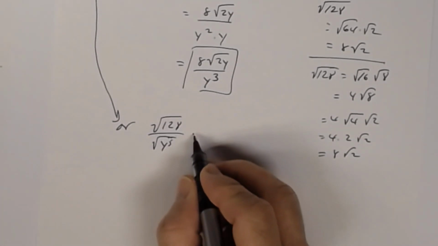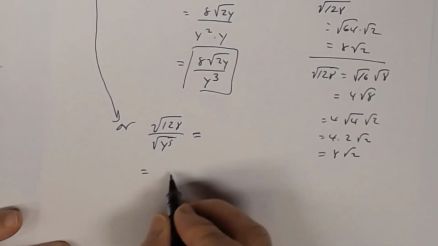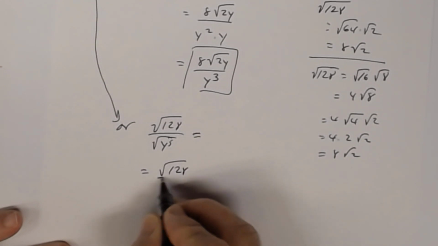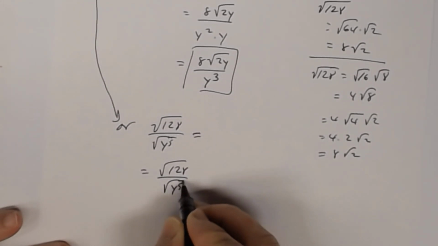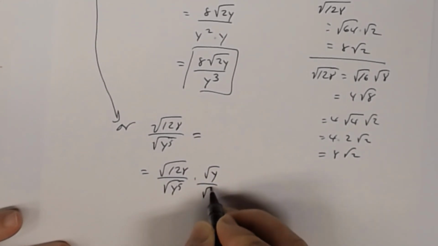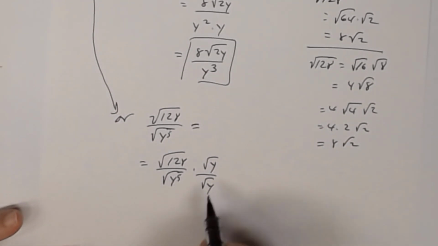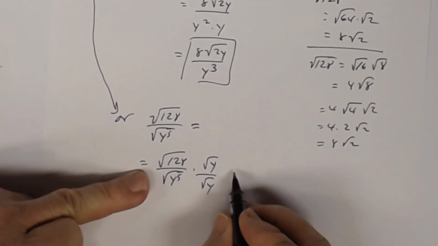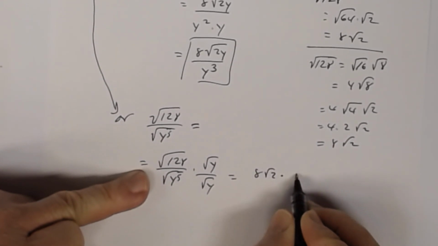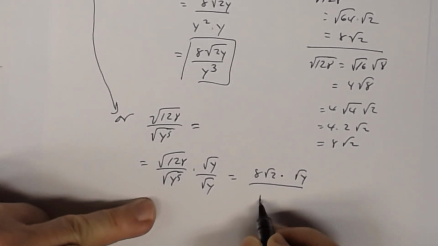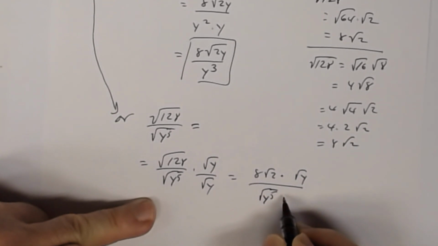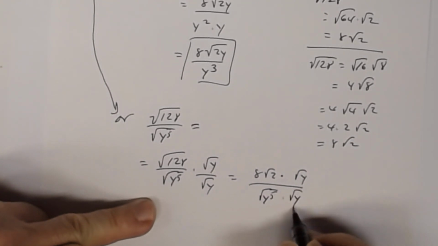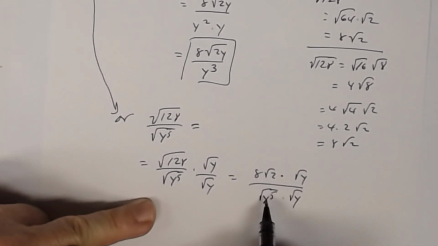So all I need to do, let me go ahead and rewrite it this way, is to multiply both the numerator and the denominator by the square root of y. And so notice what happens. First of all, let's rewrite this as that. So I get 8 square root of 2 times the square root of y divided by the square root of y to the 5th times the square root of y, right? This times this. But remember, when you multiply like bases, you add exponents. So 5 plus 1 is 6.